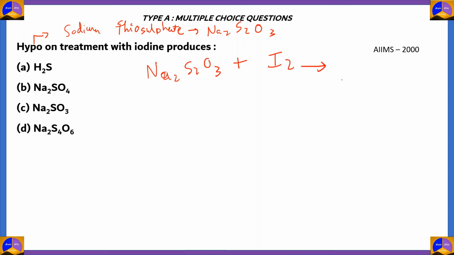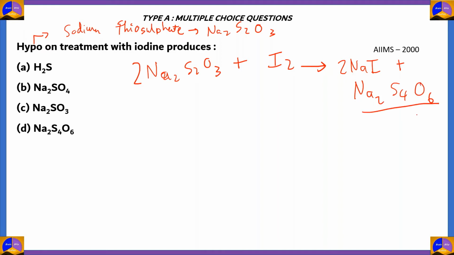Well, since there are two iodine atoms, they bind themselves to two of the sodium atoms, so we will have to have two molecules of sodium thiosulfate in order to satisfy. So it will have two NaI, and the remaining product will be Na2, and since there are 4 sulfur, it becomes S4, 6 oxygen, so O6.